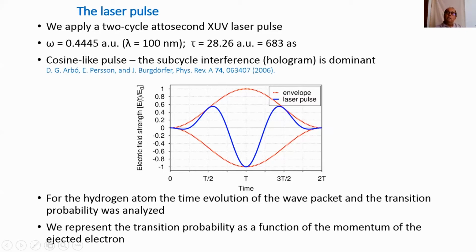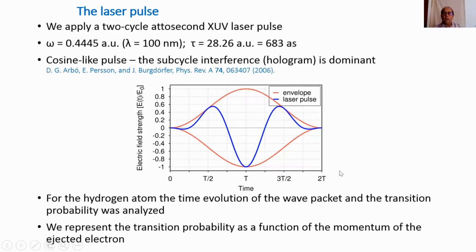It was demonstrated that a cosine-like pulse emphasizes the subcycle interference, which forms the hologram, and suppresses the intercycle interference. So we are focusing on the subcycle interference, which forms this hologram.